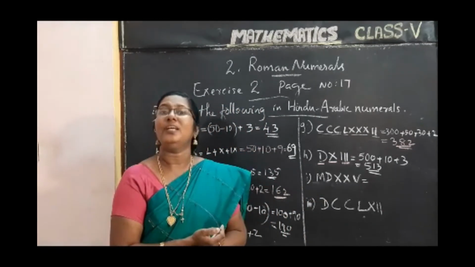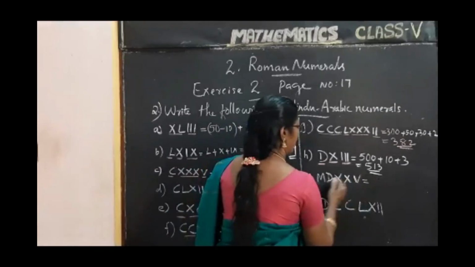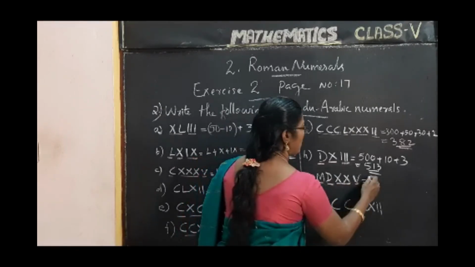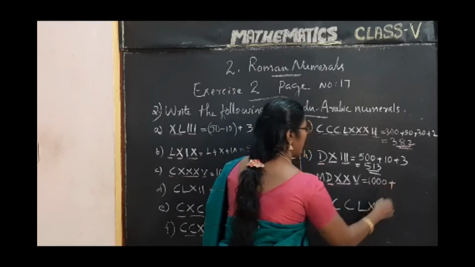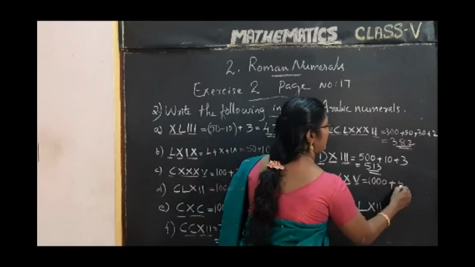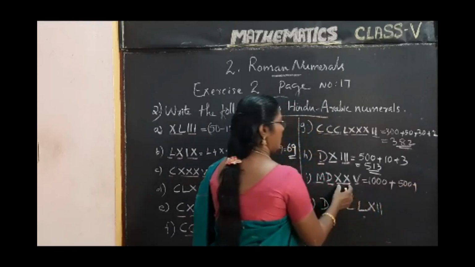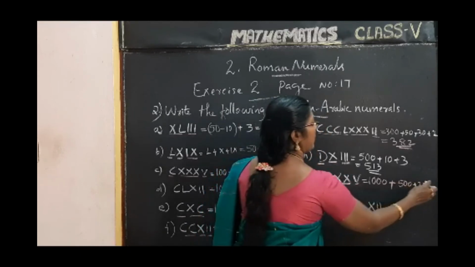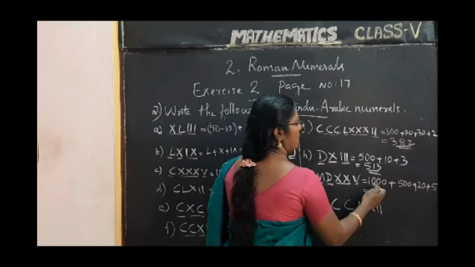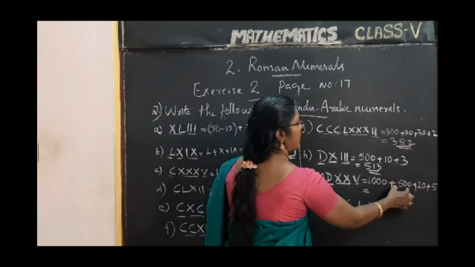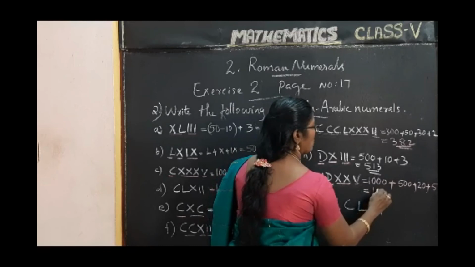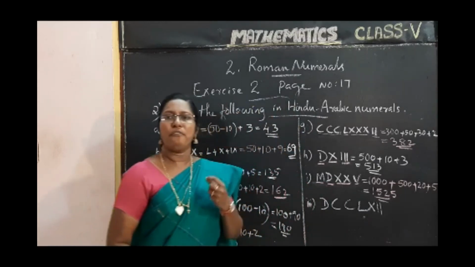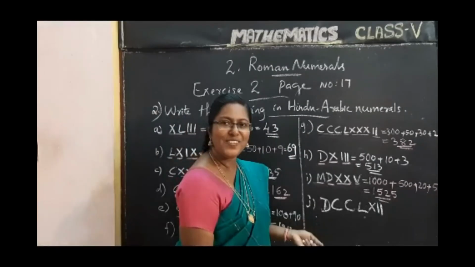M denotes 1000 plus D denotes 500 plus 2X makes 20 plus V denotes 5. That is 1000 plus 500 plus 20 plus 5, 1525. Okay.